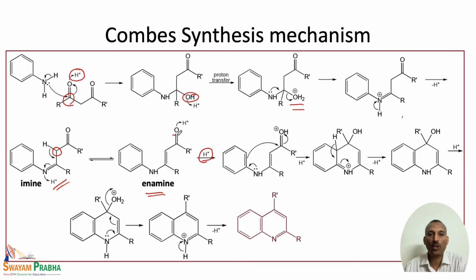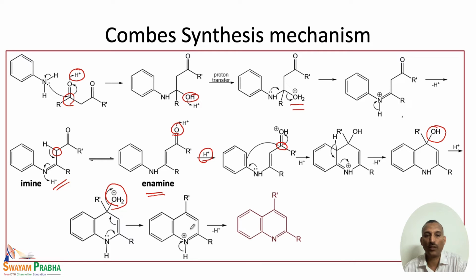That means the carbonyl unit is protonated, and once this is protonated, the aromatic ring pi electrons attack this particular electrophilic carbon atom, leading to the cyclization, and in this cyclization a hydroxy unit is formed as one of the intermediates. This hydroxy unit is lost as a water molecule, and this leads to the final product, quinoline, as shown here.